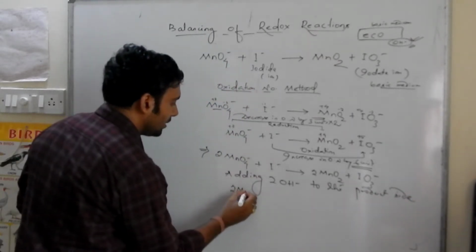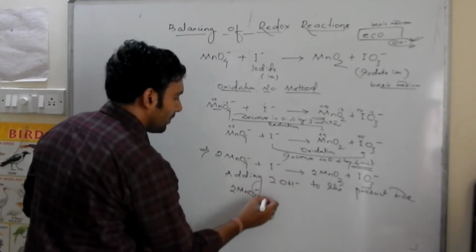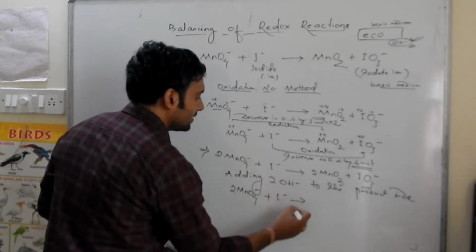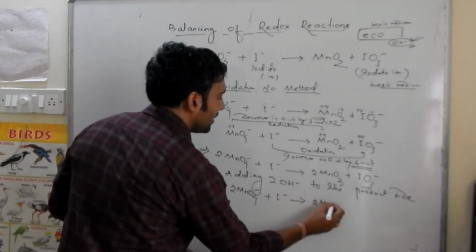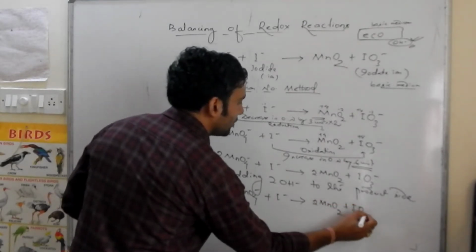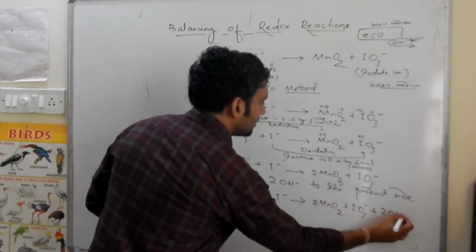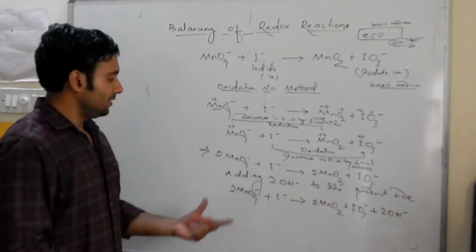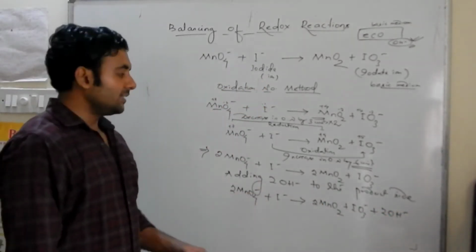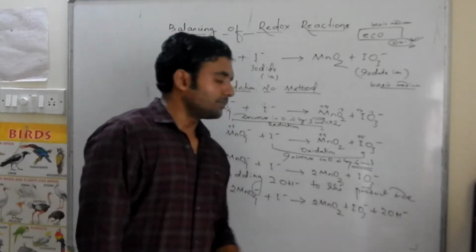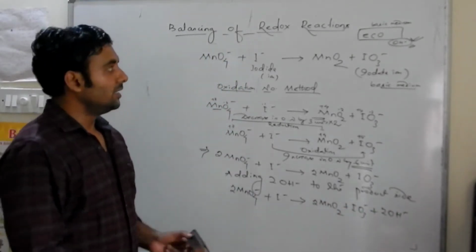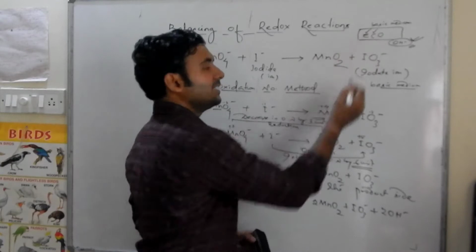We will write that equation once again: 2 permanganate ion plus I- gives rise to 2 MnO2 plus IO3- plus 2 OH-. Now the negative charge is balanced. See, there are 3 negative charges on the reactant side, and this is -1 and -2, -3 on the product side. So the electron is balanced, the charge is balanced.